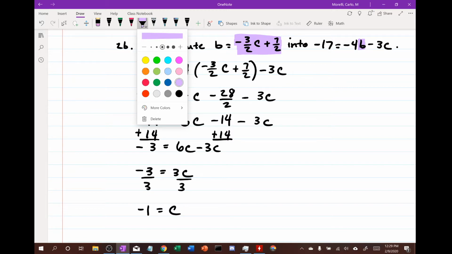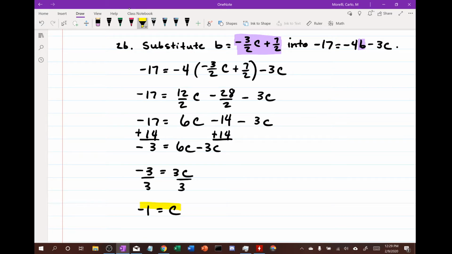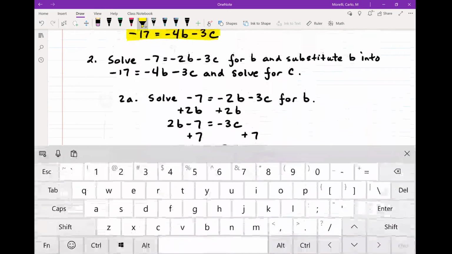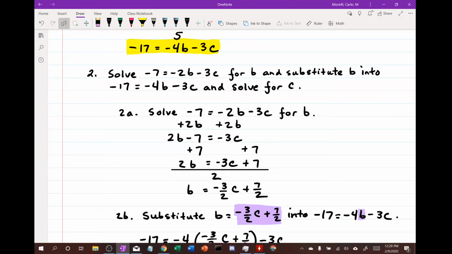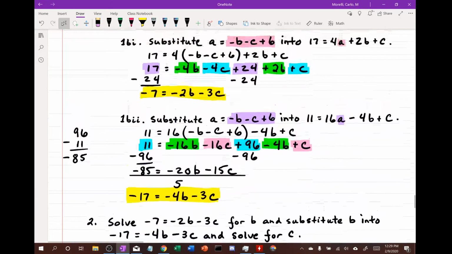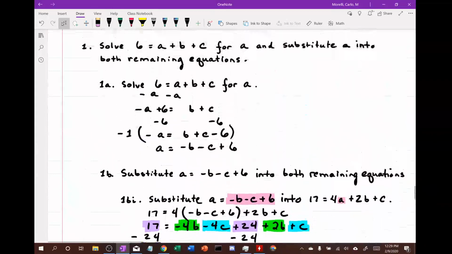Now, this is important because I now know that C is equal to -1. This is very important because now that I know what C is, I can find what B or A is. And then once I know what two of the variables are, I can find the other one.